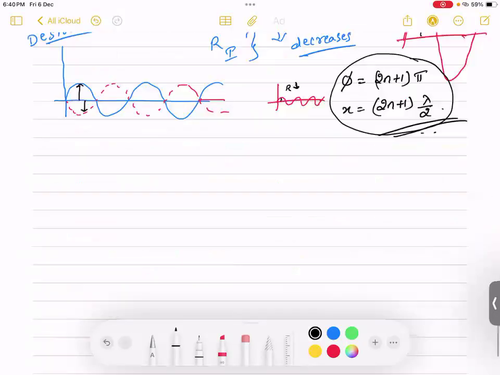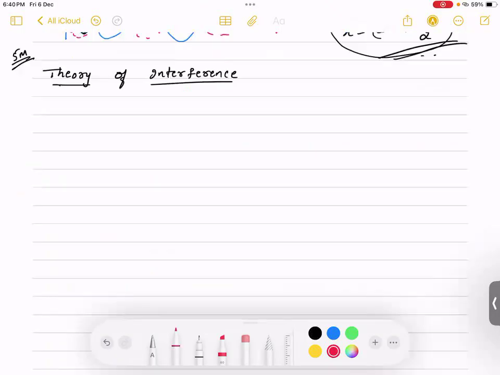Okay. And for 5 marks, they may ask to give the theory of interference. A very simple derivation, students, actually. Theory of interference. Can you tell me how many waves you require for interference, Jerome? 2 waves, sir.